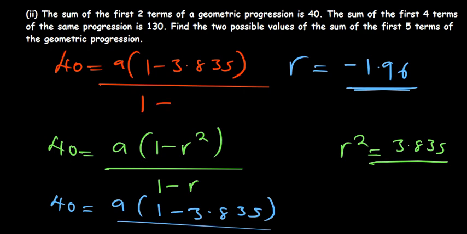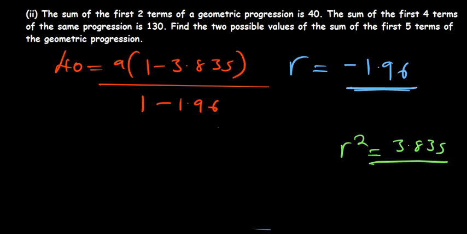Now r is 1.96 for this case. Okay, so 40 is equal to a, now subtract 1 minus 3.835, okay, divided by 1 minus 1.96.